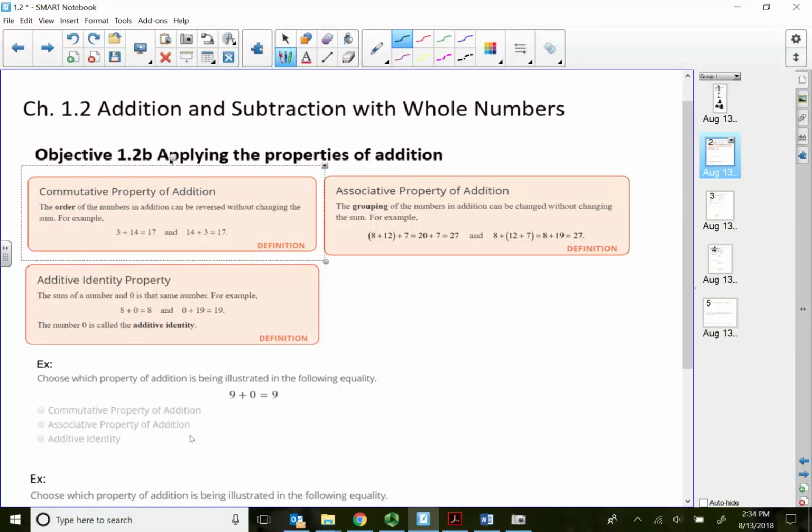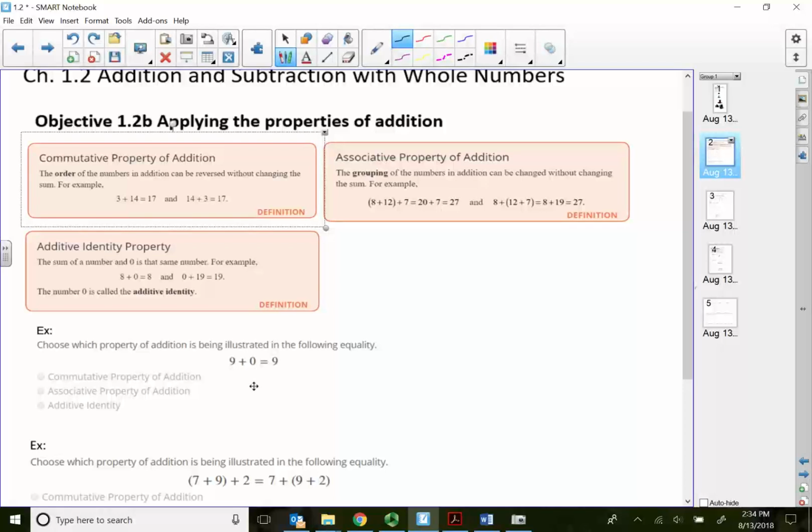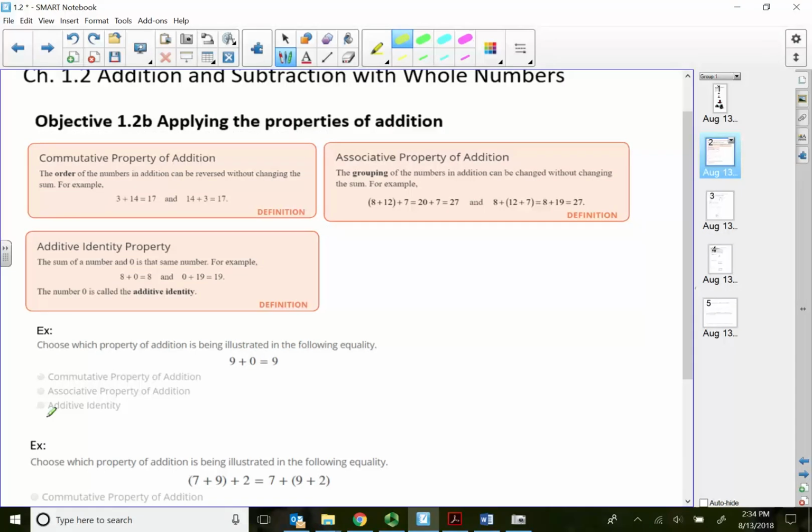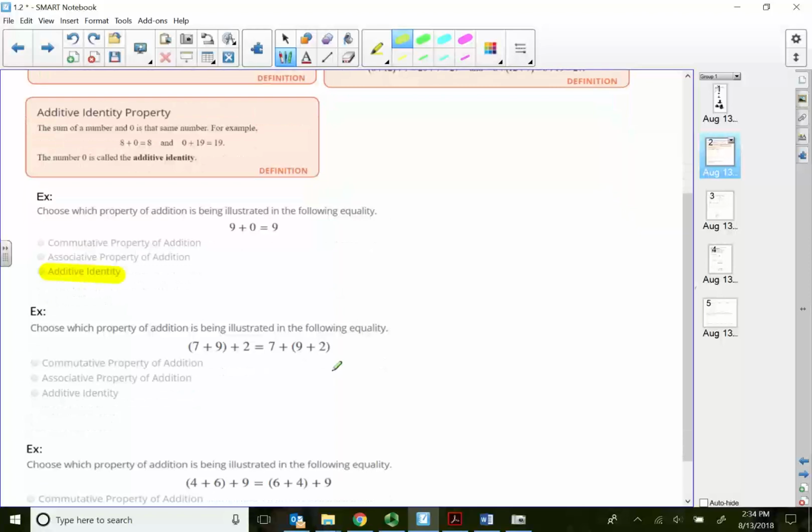For example, this one says 9 plus 0 equals 9. So it's still equal to itself when I add 0. So that will be the additive identity property.